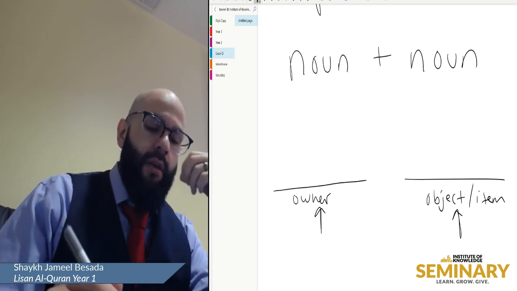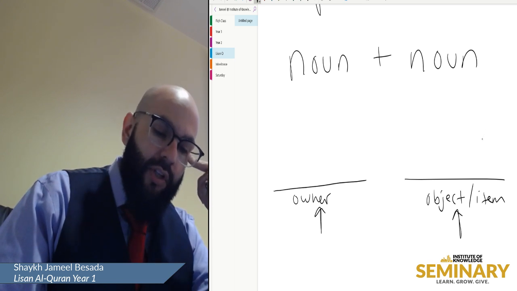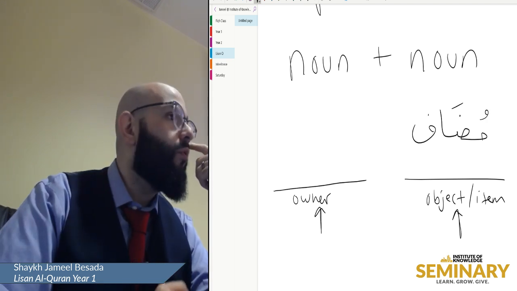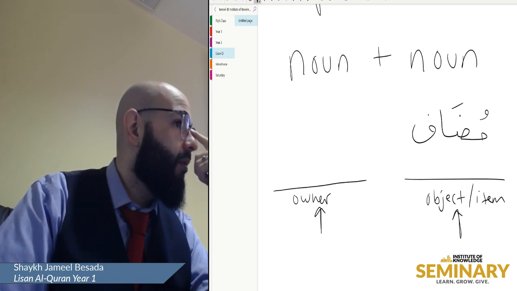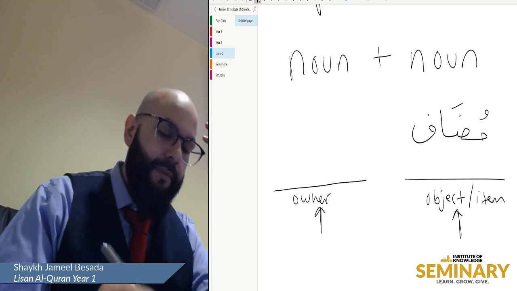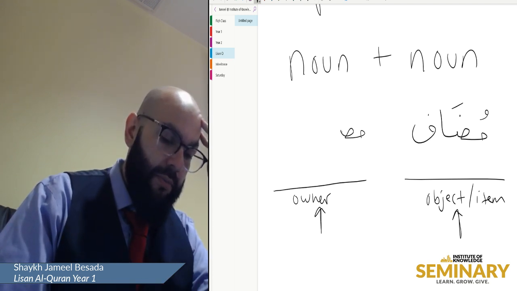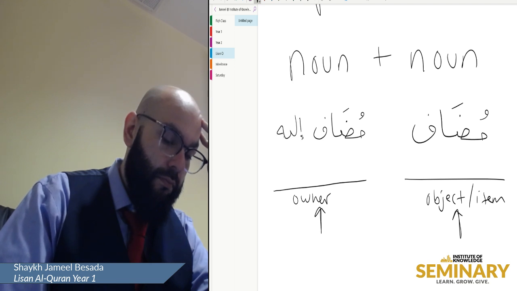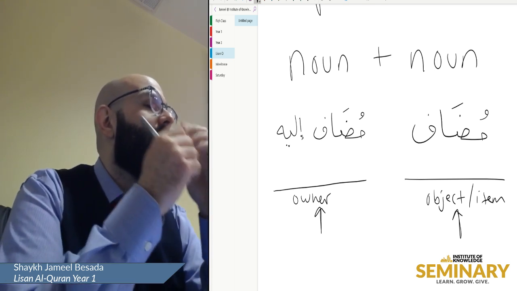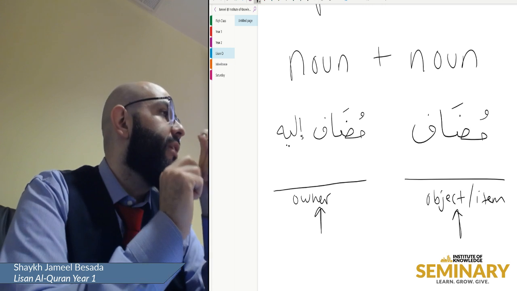Okay? The object and item is going to be referred to as the mudaf. And the owner is the mudaf ilayhi. I'll explain what this means. Mudaf is the thing that's being ascribed. That's literally the translation.